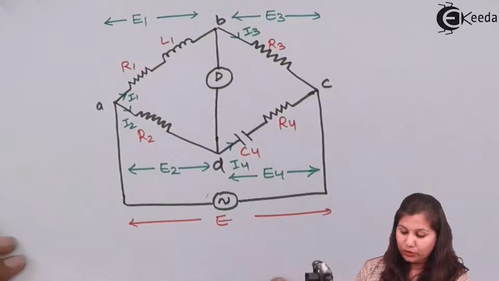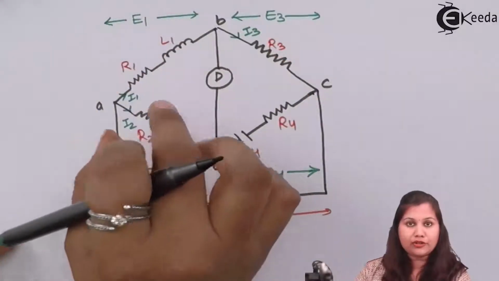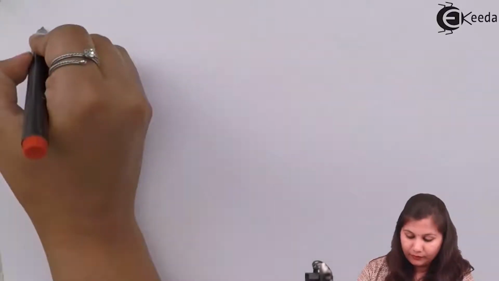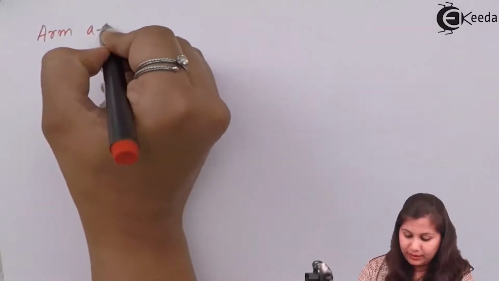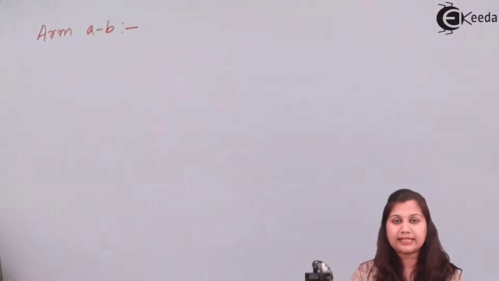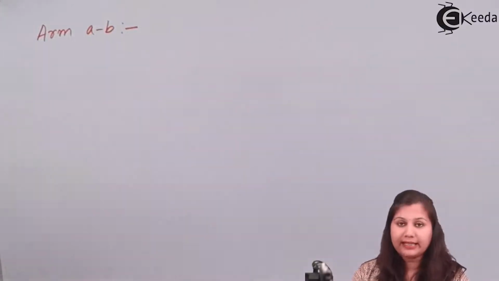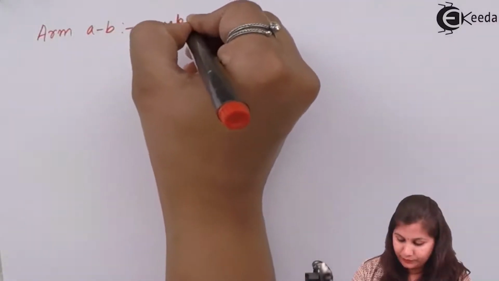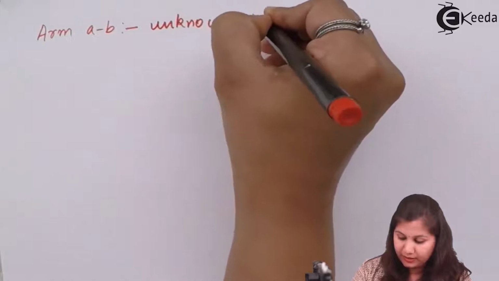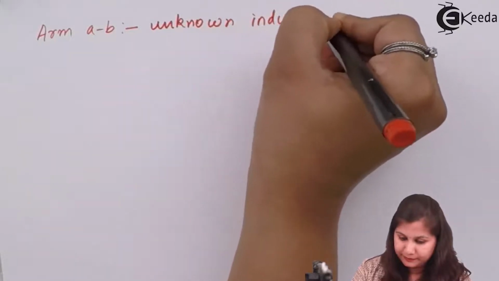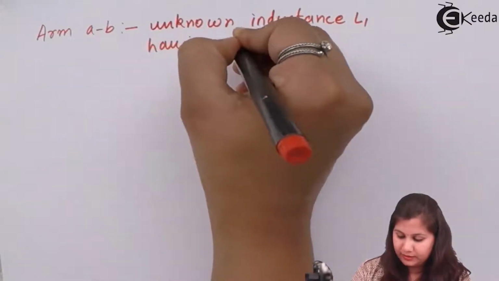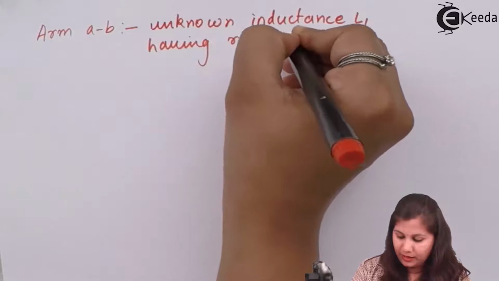Now we are going to write the configurations of all these arms AB, BC, CD and DA. Arm AB, as you can see in the circuit, has a resistance and inductance connected in series with each other. It has an unknown inductance L1 and resistance R1.